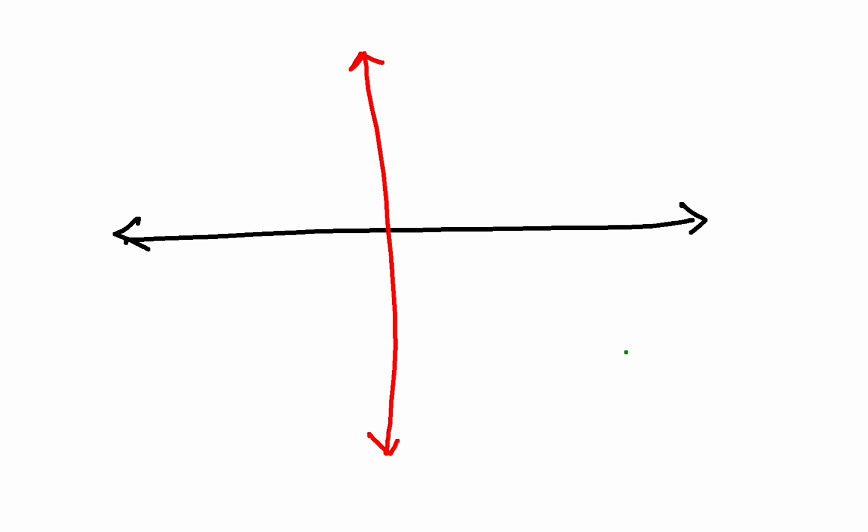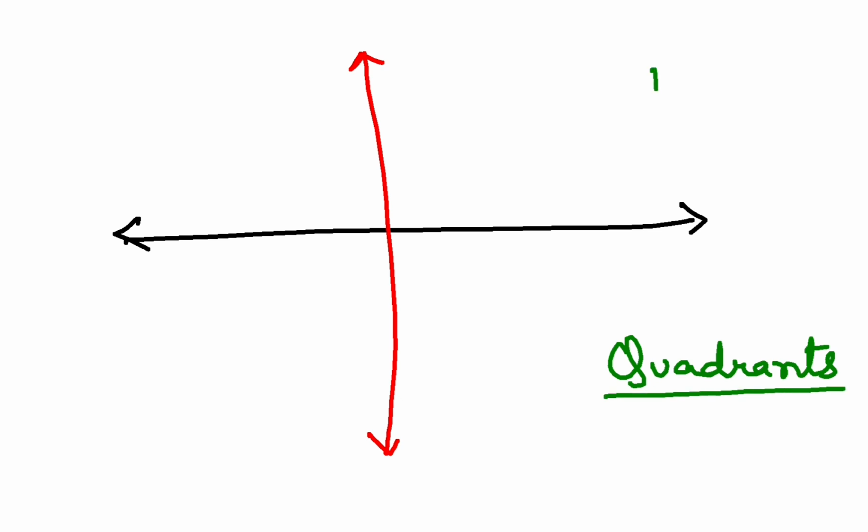You have learned this concept in class 9. How many quadrants are there? 4. How shall we number them? From this one. This is quadrant 1, this is quadrant 2, this is quadrant 3, and this is the 4th quadrant. That means we travel this way.